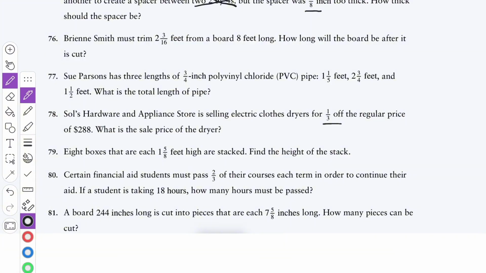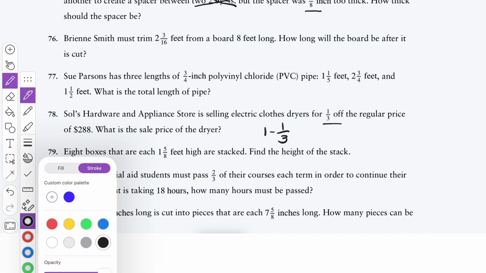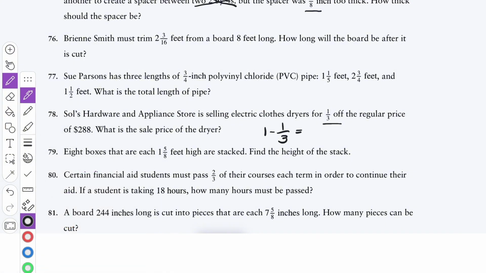So I'm going to have 1 minus 1/3, which equals 3 minus 1 over 1/3. Okay, so that would be 2/3 of 288.